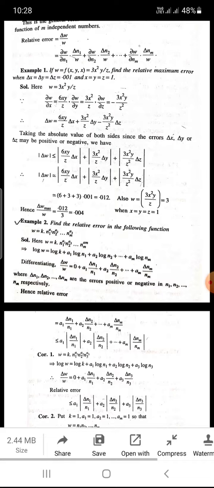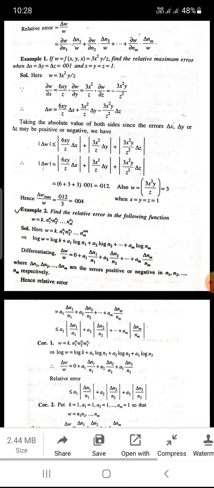Now next example, find the relative error in the following function. W is equal to k into n1 a1 n2 a2 up till nm am. Here w is equal to k into n1 a1 n2 a2 up till nm am.